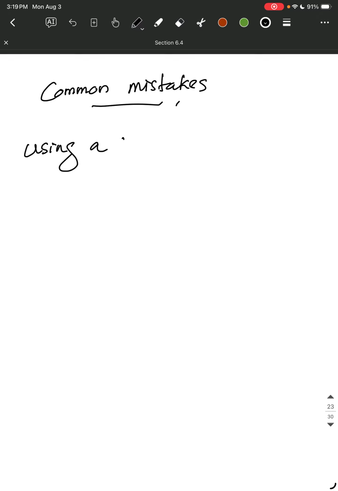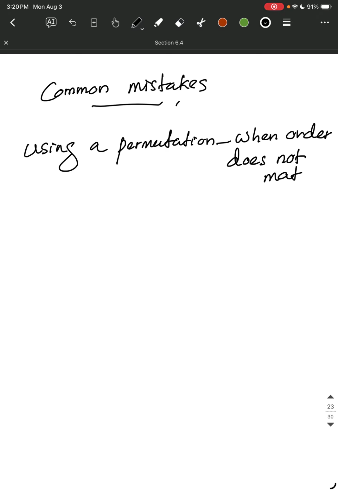Okay, what are the common mistakes? Let's review the most common mistakes. Using a permutation when order does not matter. Using combinations when positions are different.